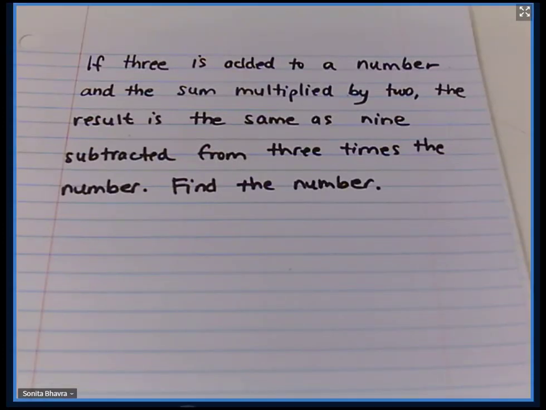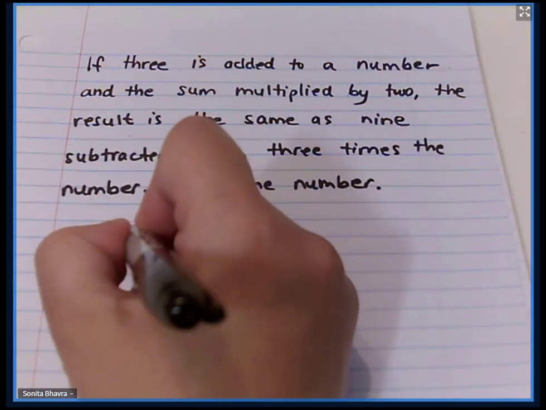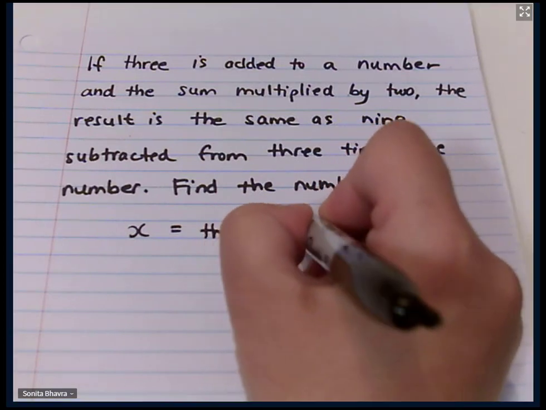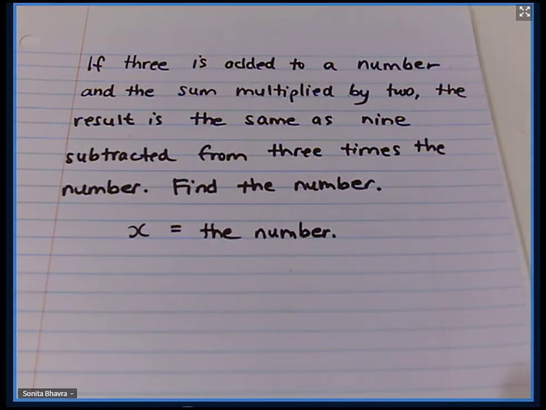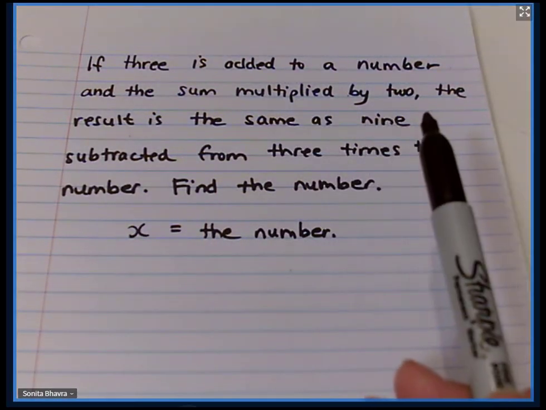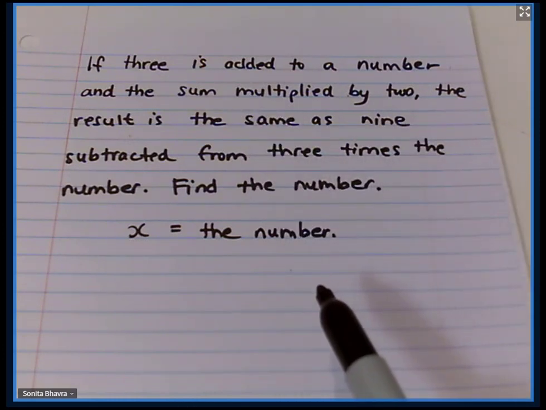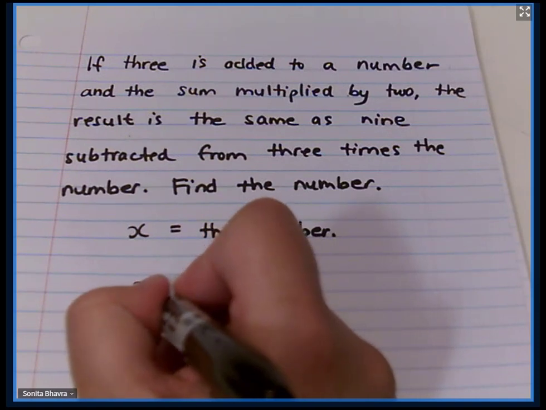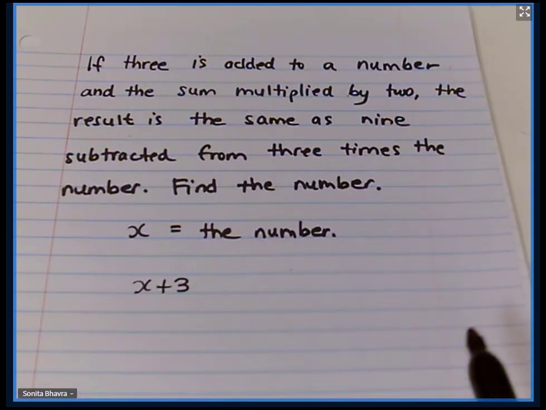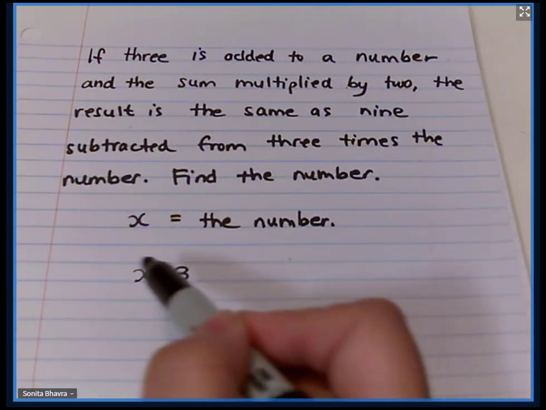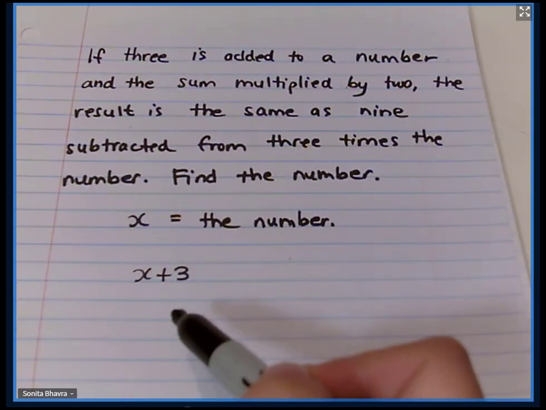The first thing we have to do is choose a variable. We'll just choose x. X equals the number. Let's work with the first part: 3 is added to a number and the sum is multiplied by 2. So 3 is added to a number, so x plus 3. The sum is multiplied by 2, so you have to do this first and then multiply it by 2.